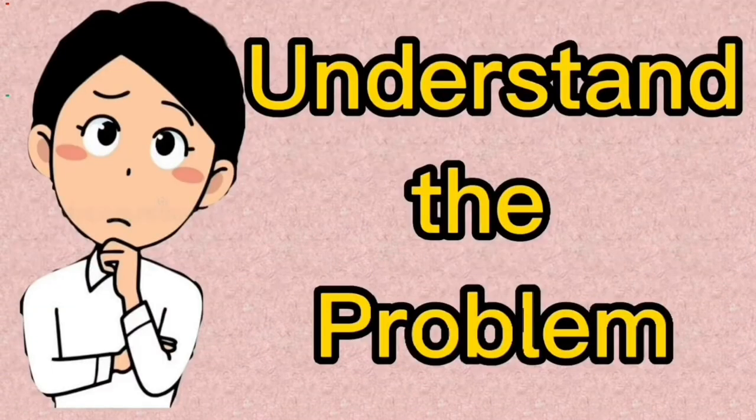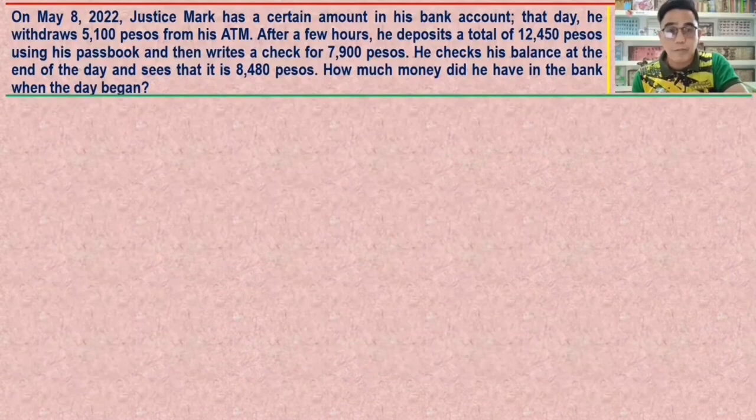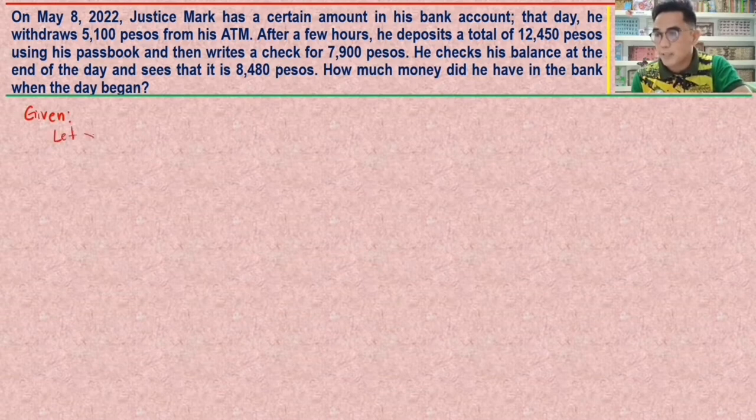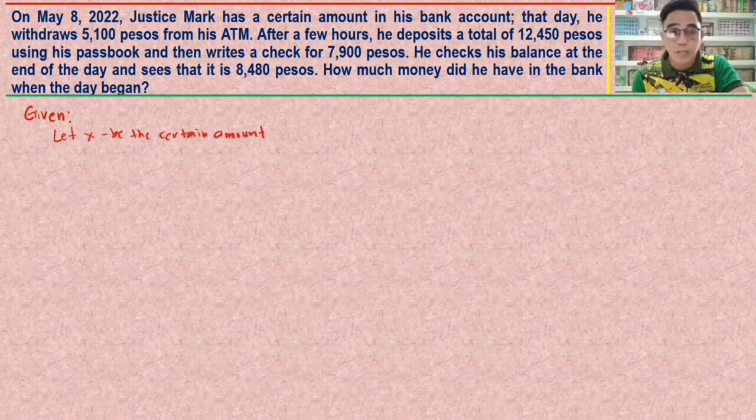Understand the problem. We can understand the problem by simply listing down all the important details as follows. We know that Justice Mark has a certain amount, so we put it as let X be the certain amount. Then let's list the transactions made by Justice Mark that day.